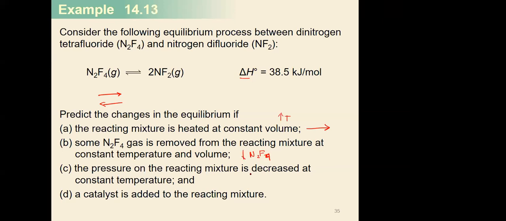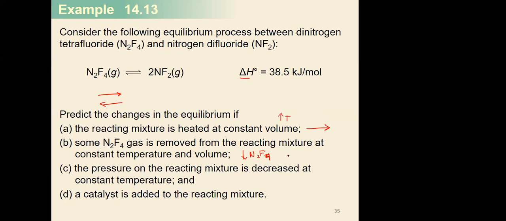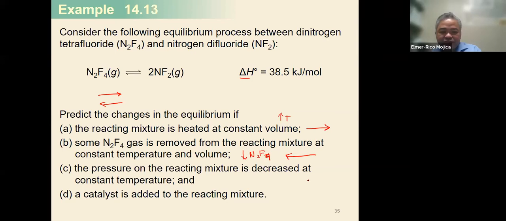So which one is favored, forward or backward? Backward. Okay, shift to the left. And then here, the pressure on the reacting mixture is decreased at constant temperature. So the pressure here is decreased. Will the forward reaction or the backward reaction be favored?